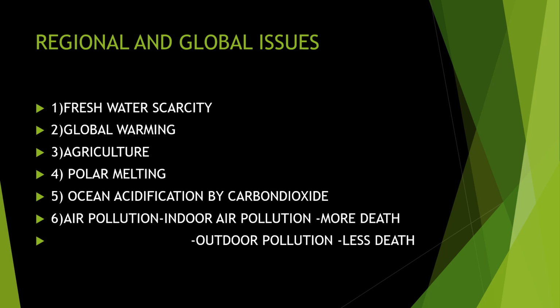Next is agriculture. Farming is very good and it is good for food production. But the problem is that farmers use different kinds of chemical fertilizers to get high yields. Because of this, the whole area is affected: the water gets polluted and the land gets polluted, so it becomes a regional problem as well as a global issue.